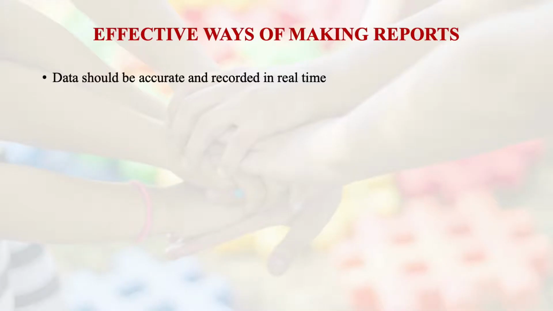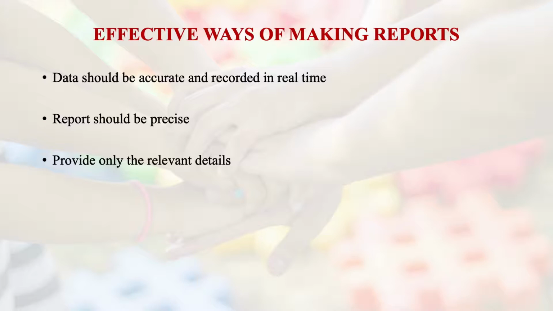These are some of the effective ways of making the reports. Data should be accurate and recorded in real time. The report should be precise. It should provide only the relevant details. Use of graphics will help in making the concept clearer. The report has to be an honest report, so be honest.